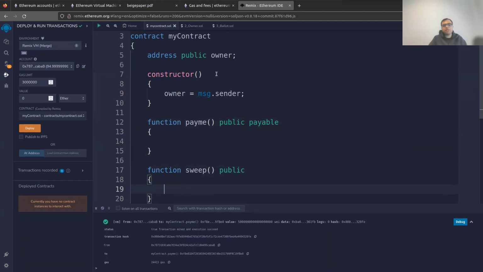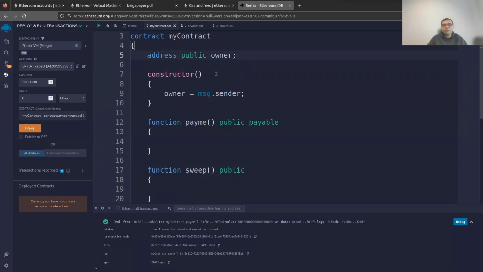I'm going to say, take whoever is the sender of the current message, so whoever called this function, and transfer all the balance of the current contract to that person. So I'm writing a very stupid contract. It's a contract where anyone can call in and take the entire balance of the contract. Okay. Now, in order to do that, I have to first tell you the difference between address and address payable.